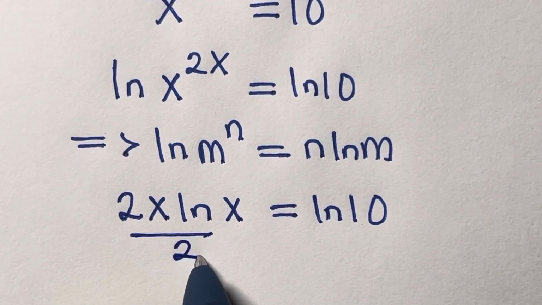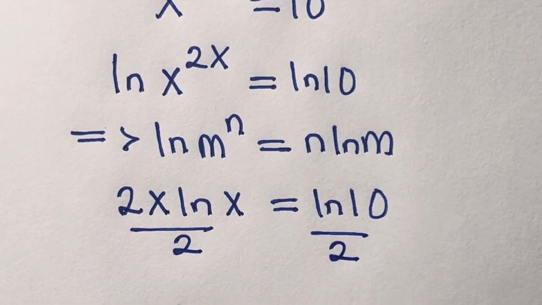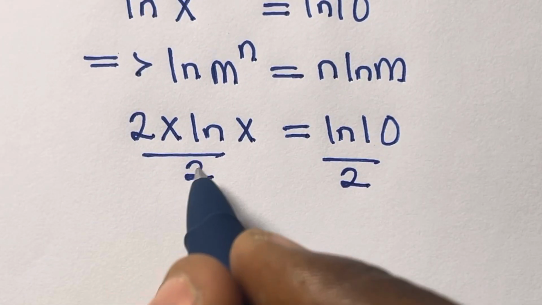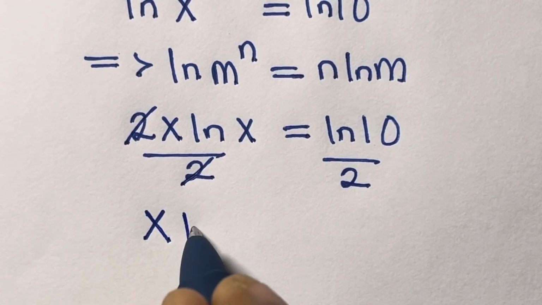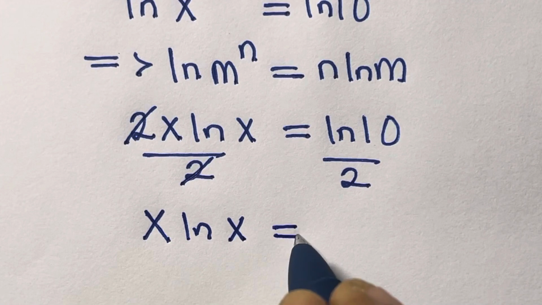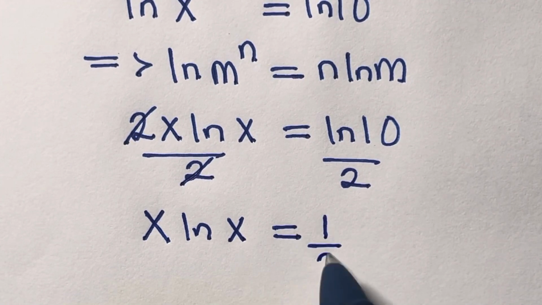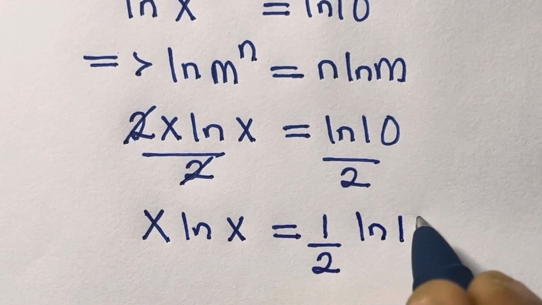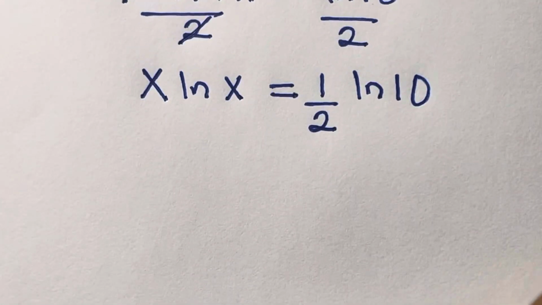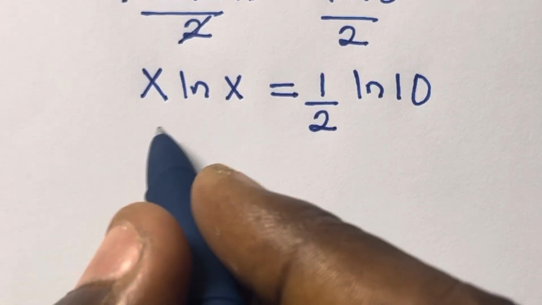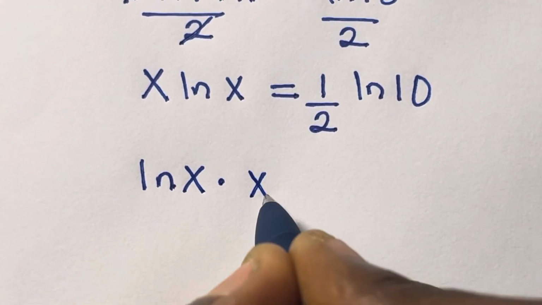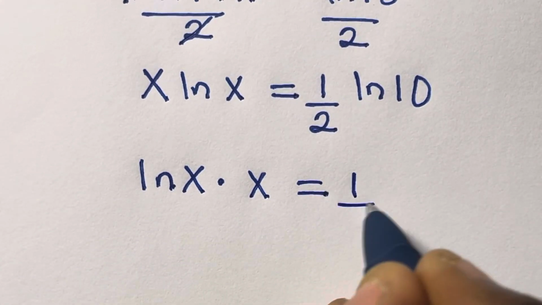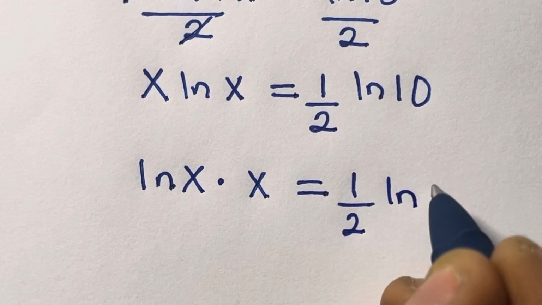So here we have to divide both sides by 2, so that we have x ln x equals 1 divided by 2 ln 10. All right. So here now we can write this as ln x times x equals 1 divided by 2 ln 10.